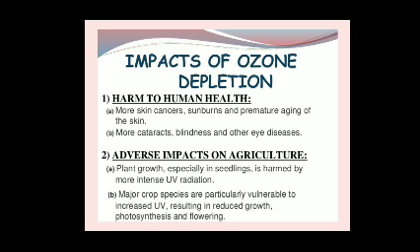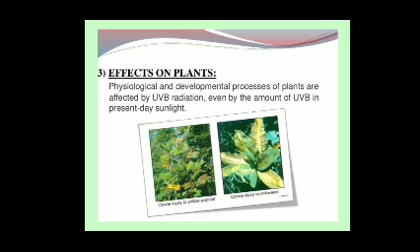These are the effects of ozone layer depletion. Effects on plants: physiological and developmental processes of plants are affected by ultraviolet radiation, even by the amount of ultraviolet in present-day sunlight. The effects on photosynthesis.